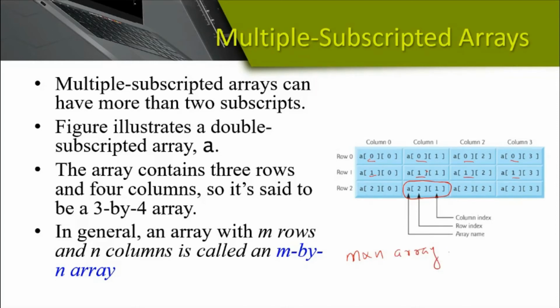This array is a 3 by 4 array because it has 3 rows, 1, 2, and 3, and 4 columns, 1, 2, 3, 4. So that is why it is known as a 3 by 4 array.